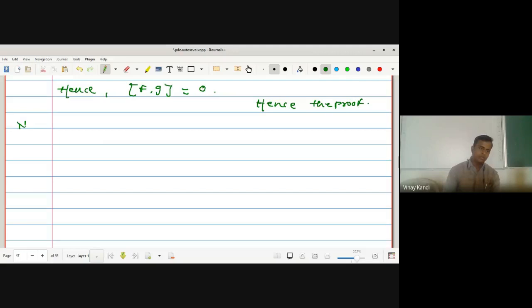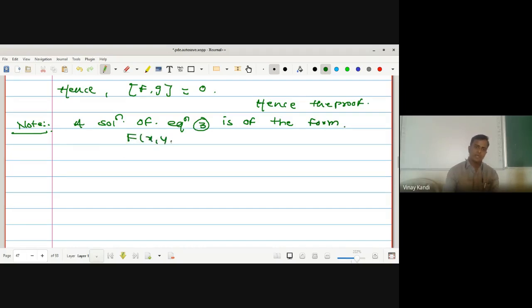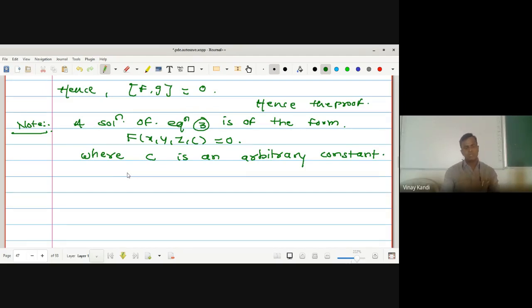And the note is there. Note, a solution of equation number 3 is of the form capital F of x, y, z and c is equal to 0, where c is an arbitrary constant, or arbitrary parameter.